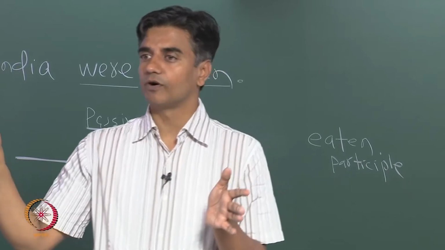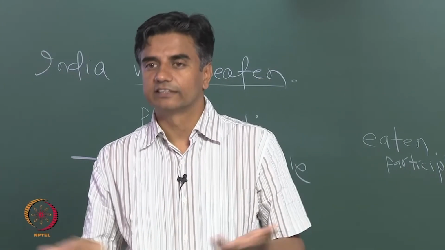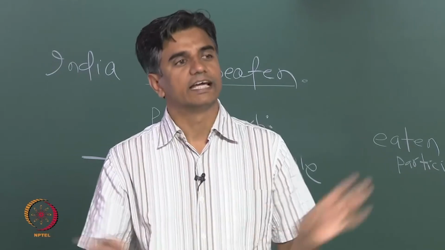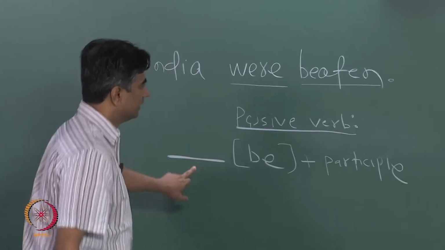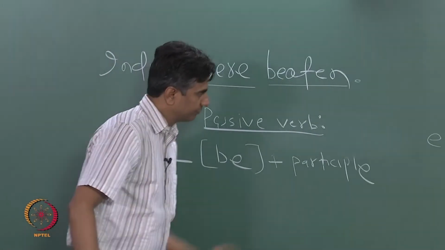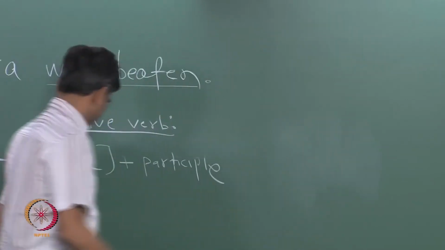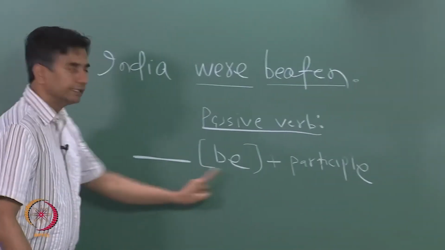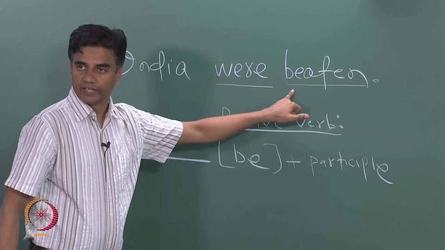The participle form of the verb does not like NPs with theta roles, particularly agents. Okay? One more thing. We will stop in 2 minutes, but one more thing. This verb, were beaten. Okay?